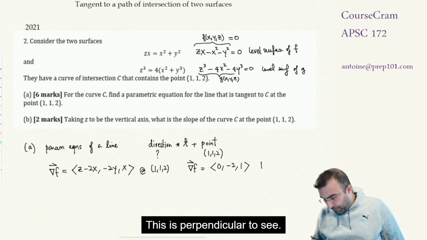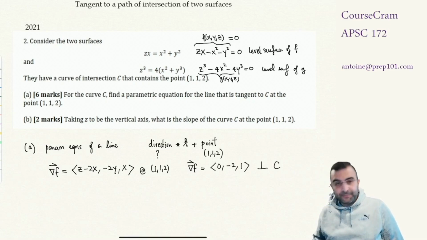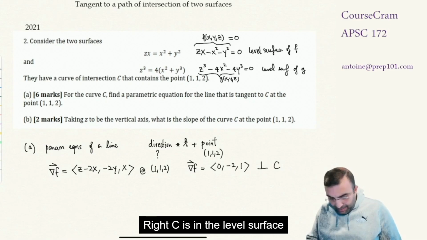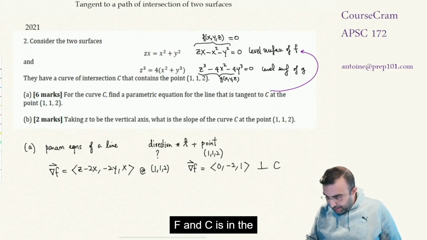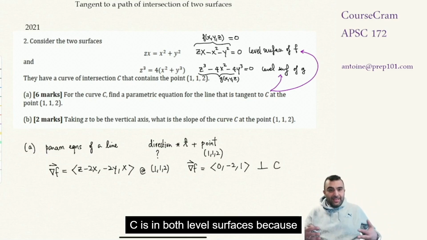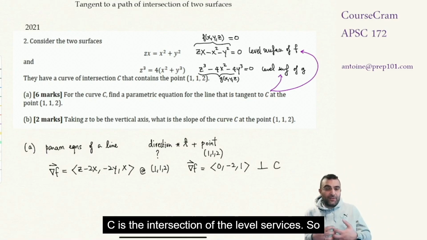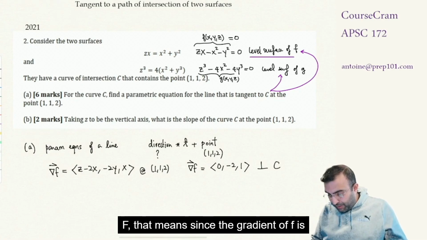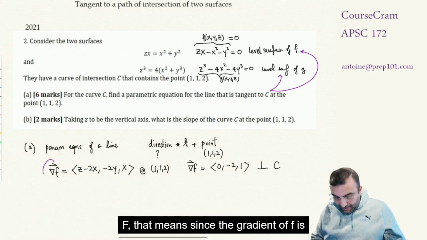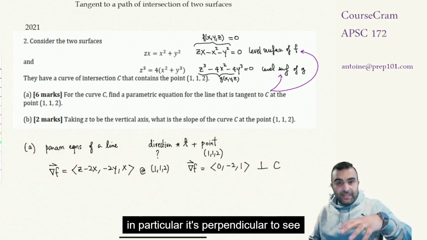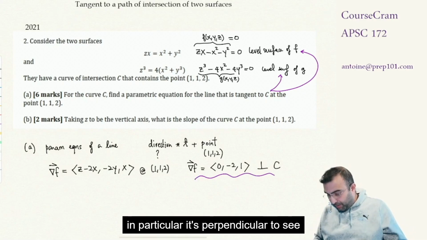This is perpendicular to C, right? C is in the level surface F, and C is in the level surface of G. C is in both level surfaces because C is the intersection of the level surfaces. So if C is in the level surface of F, that means since the gradient of F is perpendicular to the level surface, then in particular it's perpendicular to C.